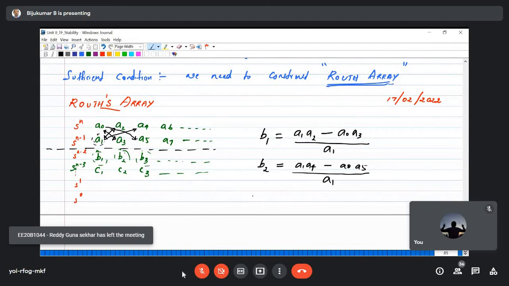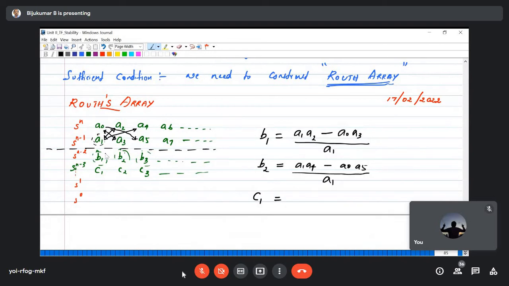So how will you calculate c1? You multiply these two terms, that is b1 a3 minus a1 b3, the whole divided by what will come? b1.